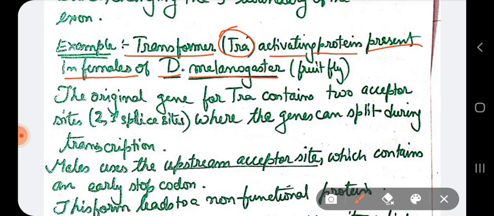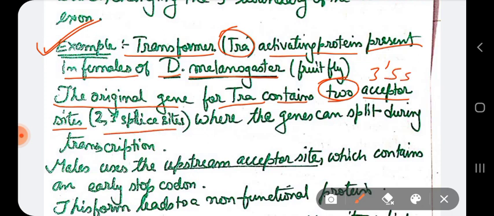Well, let us see how alternative 3 prime splice site is being studied in Drosophila transformer activating protein. The original gene for the transformer activating protein contains two acceptor sites. That means, again I repeat, the gene responsible for the transformer activating protein has two 3 prime splice sites where the gene can split during transcription.